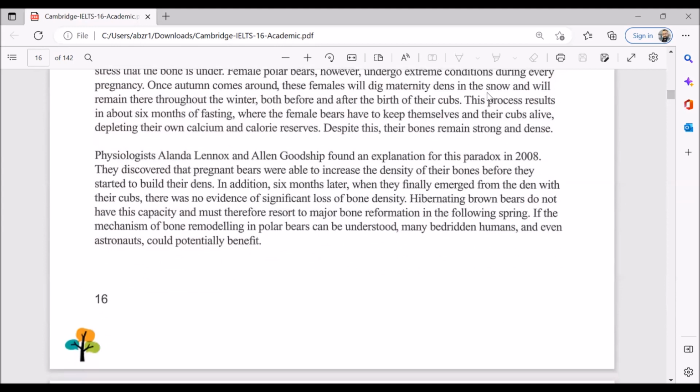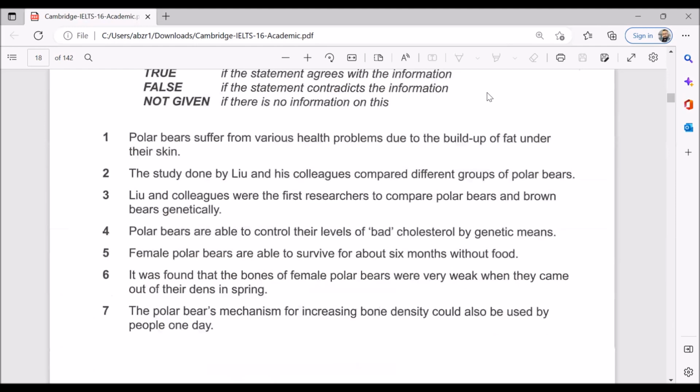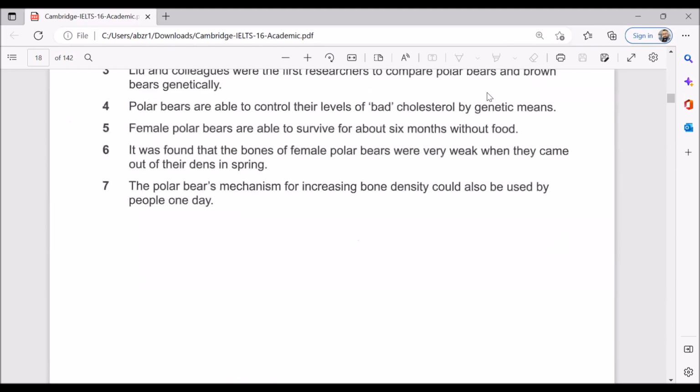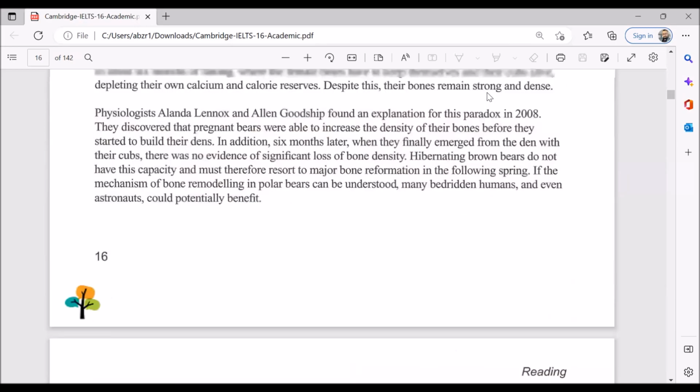If we understand the mechanism of bone remodeling from the polar bear, bedridden human beings and even astronauts could potentially benefit. I believe this statement is true. The polar bear's mechanism for increasing bone density could also be used by people one day. Yes, we can use that if we simply understand the mechanism of the polar bear's bone remodeling.